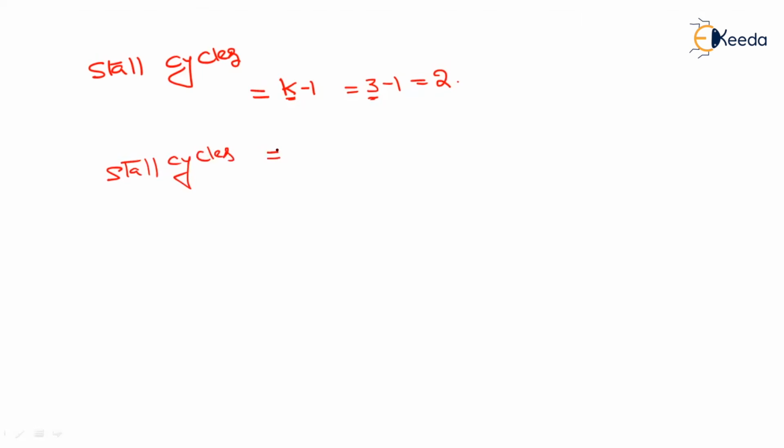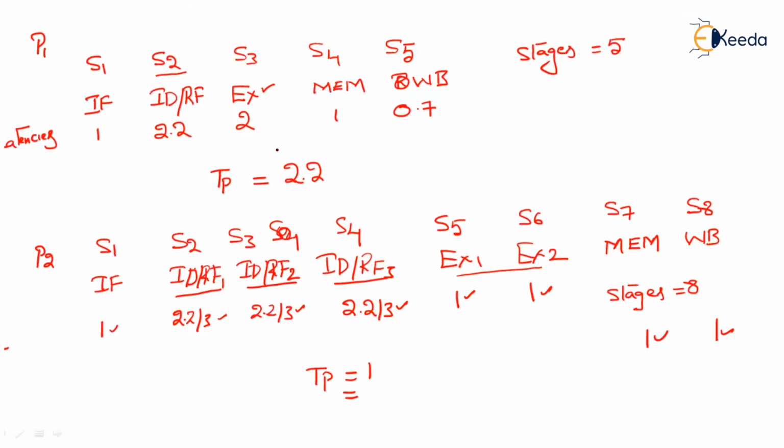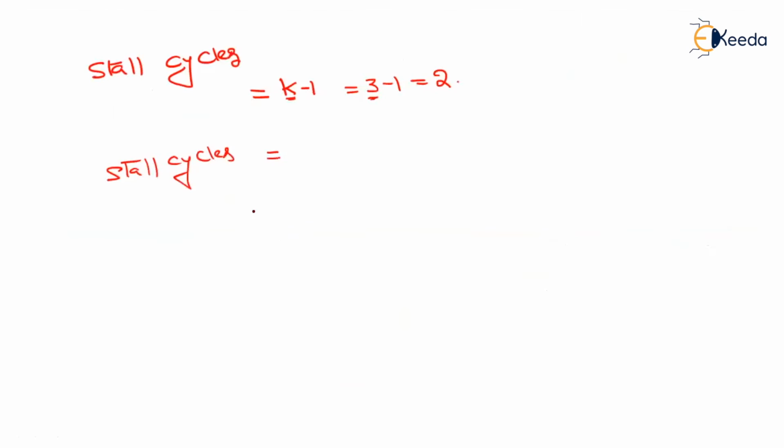For the next one, that is the advanced pipeline, P2, we will see. At the end of EX2, the next instruction pointer gets computed. That is the sixth stage, so k is equal to 6. 6 minus 1 is equal to 5.